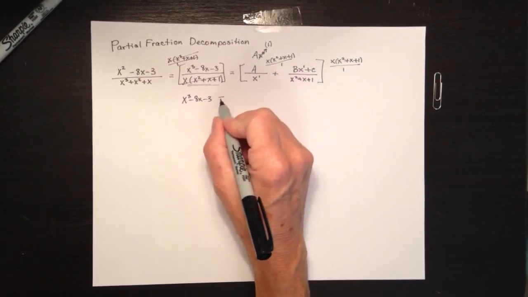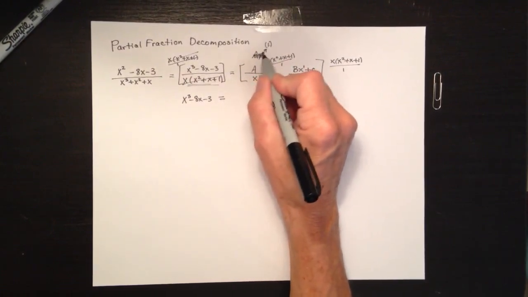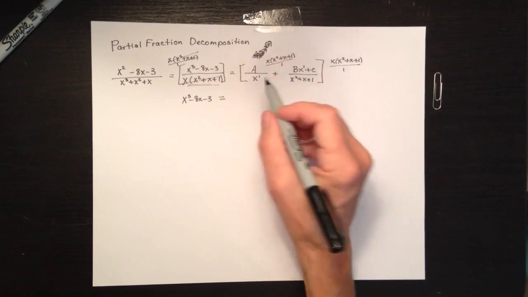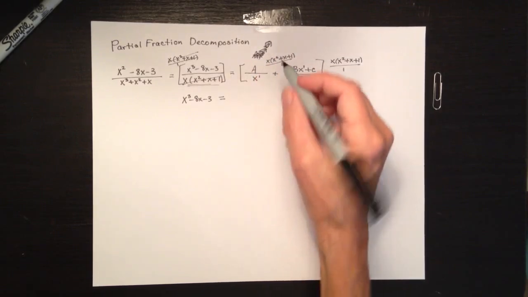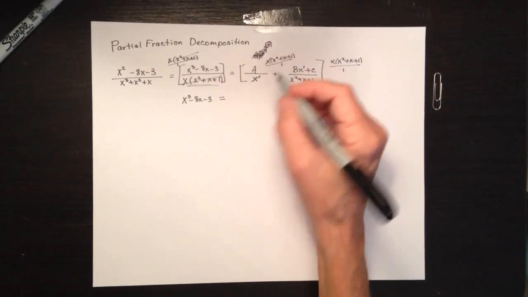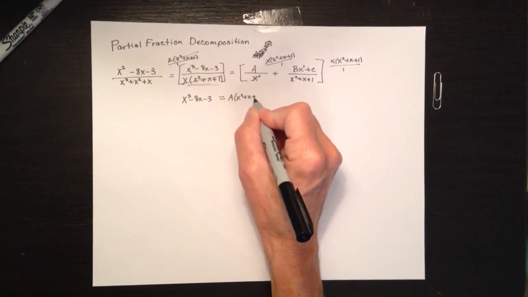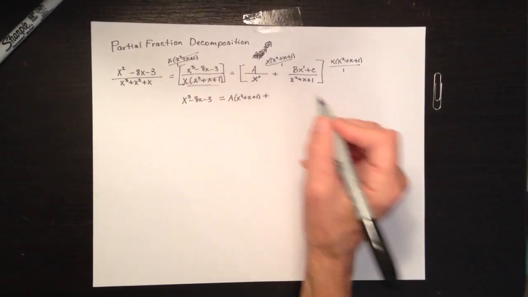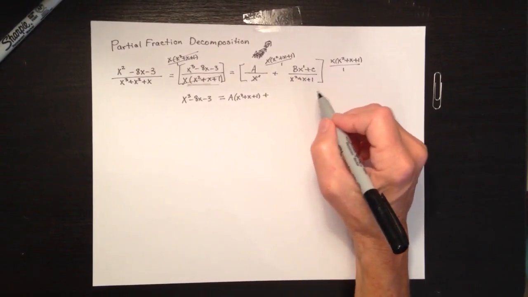Equals, we already saw this part, a over x times x squared plus x plus 1 over 1. The x will cancel out, leaving me with a times x squared plus x plus 1, plus bx plus c over x squared plus x plus 1.